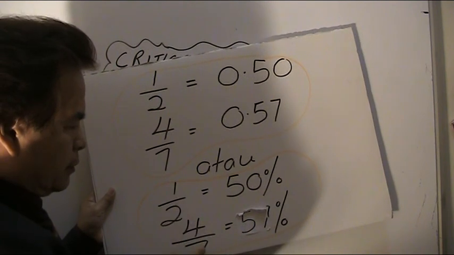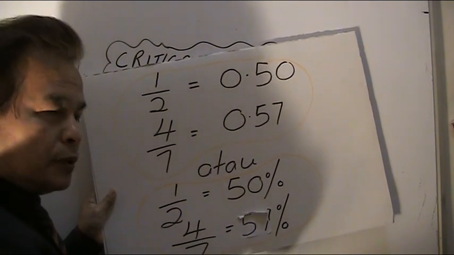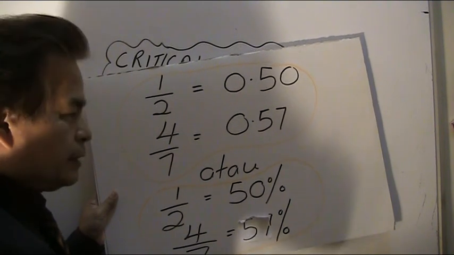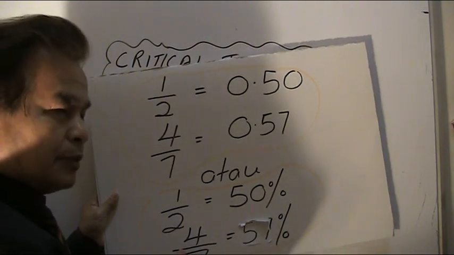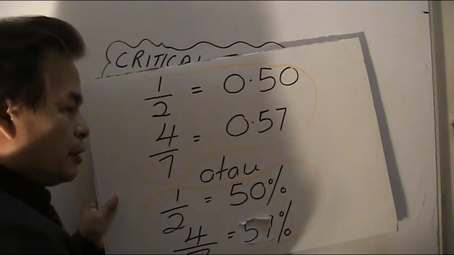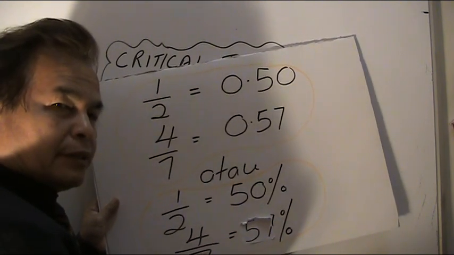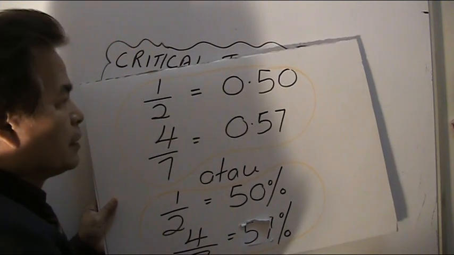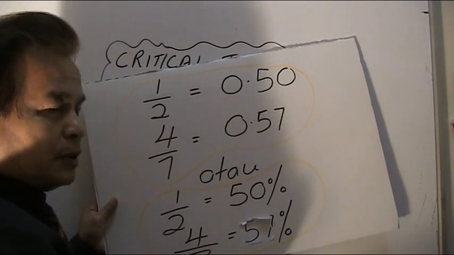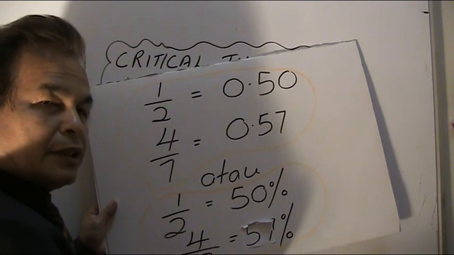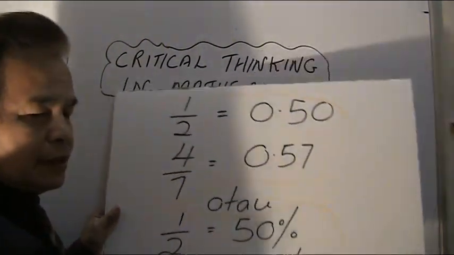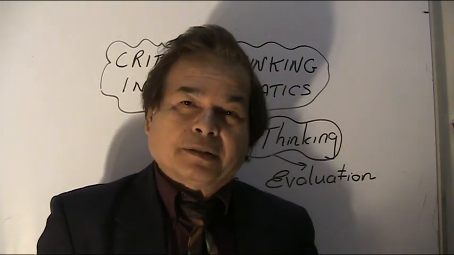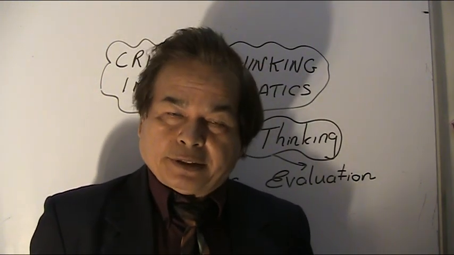But those students who are not trained how to think critically might jump to a conclusion that 1/2 is bigger than 4/7, which is not true. But those who have been trained how to think critically could answer the question wisely and in several ways.